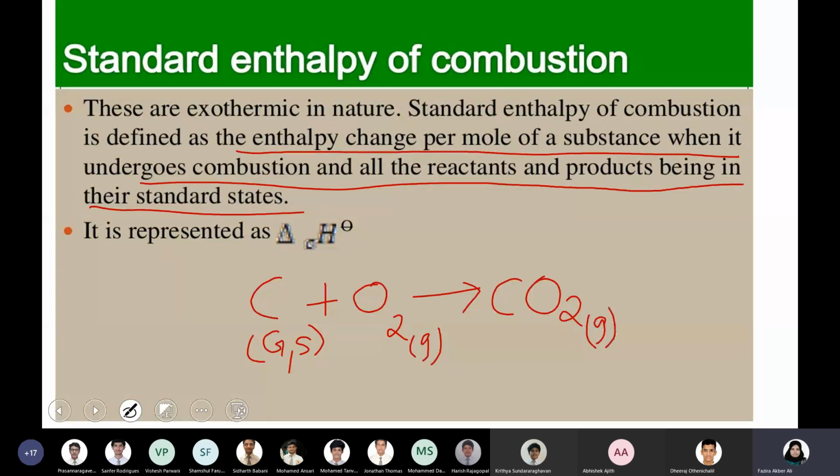So this is an example of combustion. 1 mole of a substance is completely undergoing combustion. All the reactants and products are in their standard state, and it is denoted with delta H standard C, where C stands for combustion.